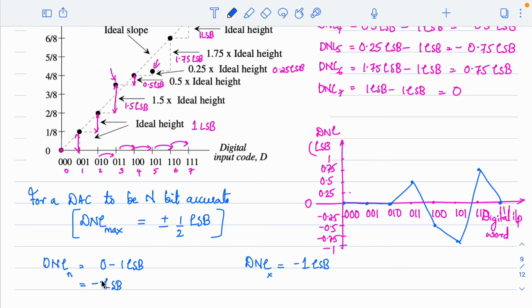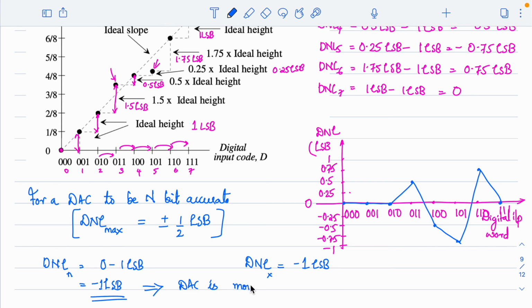So the meaning of this is, for that particular input digital code word, there is no transition itself, right? Or we can say that whenever this condition arises, we say that the DAC is not monotonic.